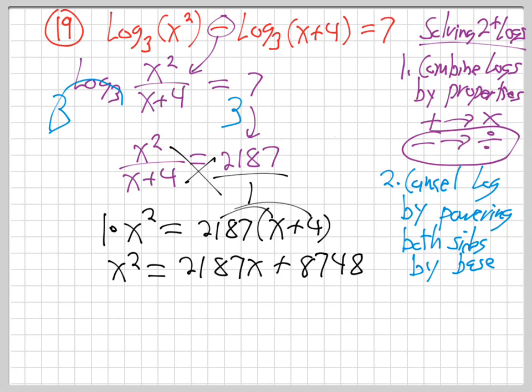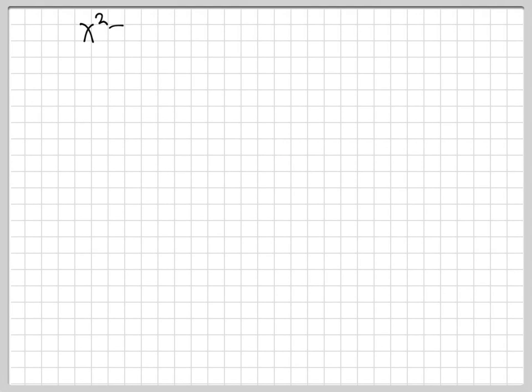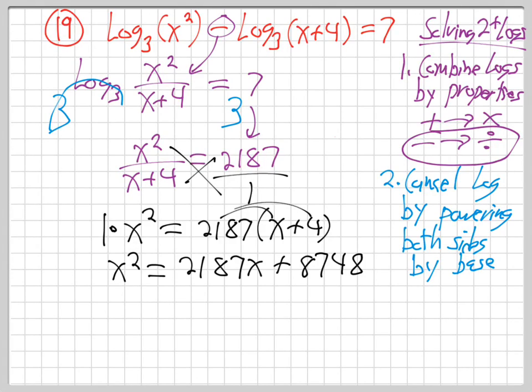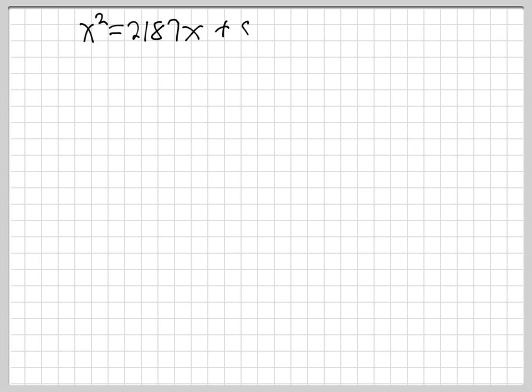What in the world? We got rid of the logs, but how are we going to solve this now? Remember how we solve x squared? We have to get a 0. So let's go to a fresh screen. x squared equals 2187x plus 8748. So now solving x squared with an equal sign.